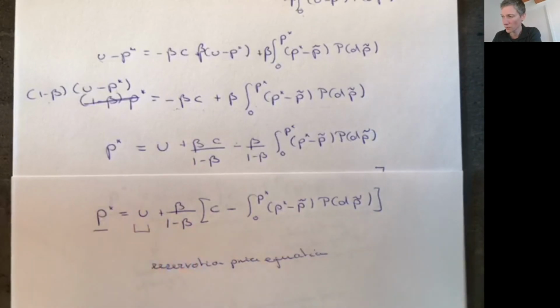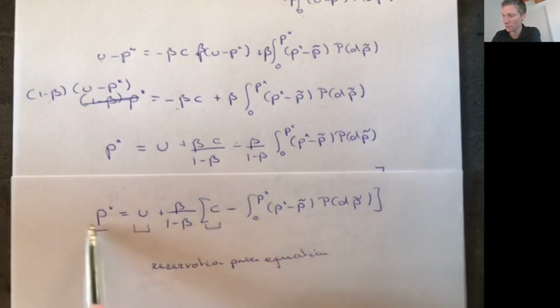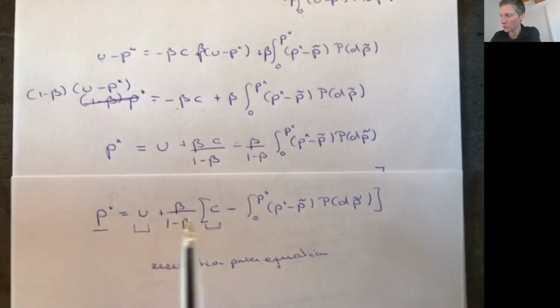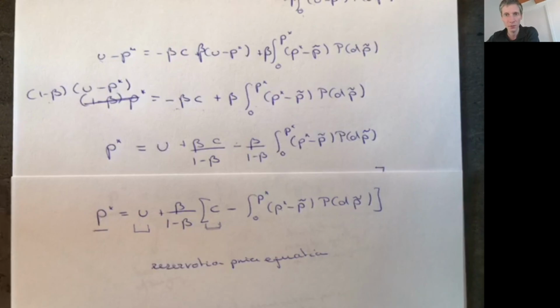So first of all, the first part is the immediate benefit that you get when buying the good. Okay, so if the immediate benefit of buying the good is larger, then the reservation price will also increase. Second, you have a cost which adds positively to the reservation price, such that if the cost of continuing, this is the c that I had here, is larger, then the reservation price is going to increase, right?